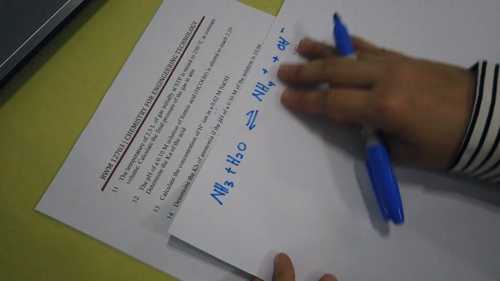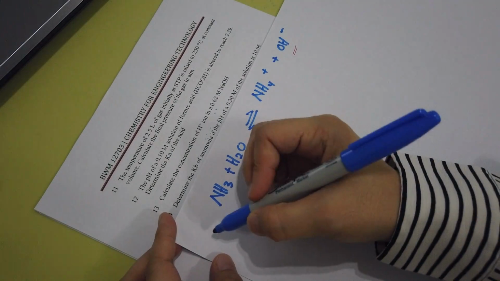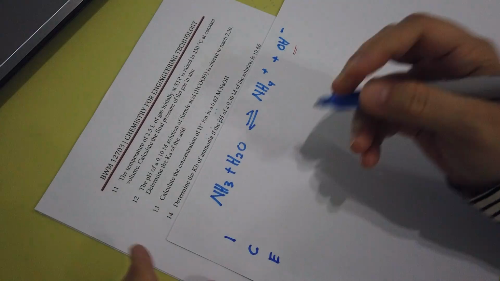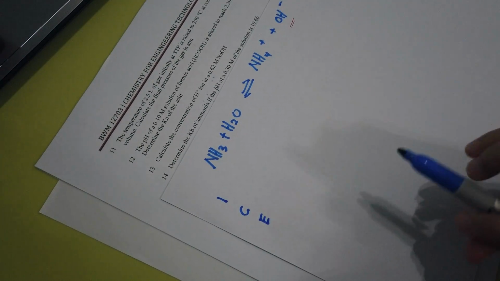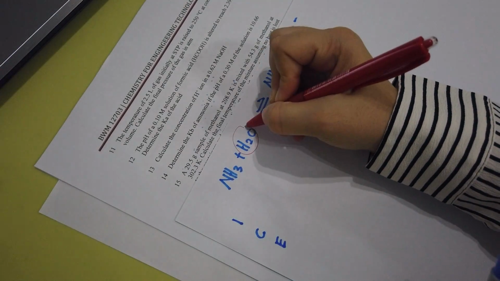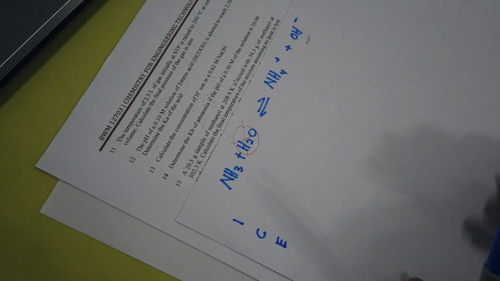So since you already have this chemical equation, you can directly do the ICE diagram. Remember, in the ICE diagram, the water can be omitted from this calculation.